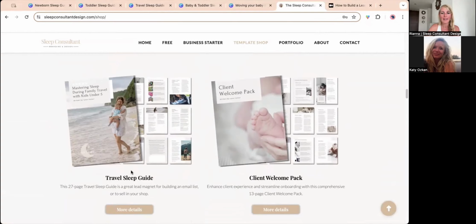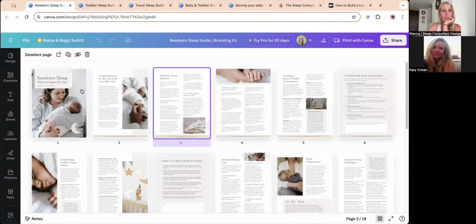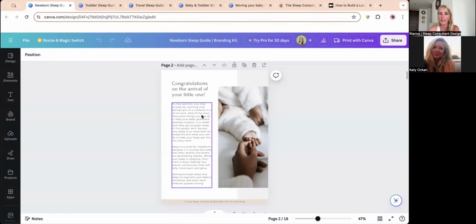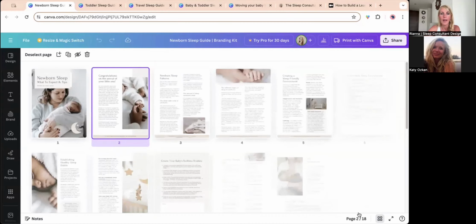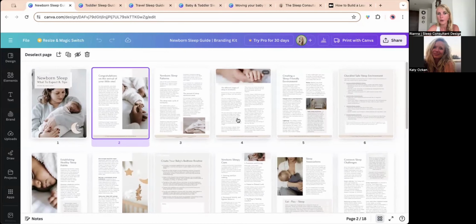So if we look on the inside of the newborn sleep guide, for example, and this counts for all the guides, you want to have a very clear title on the front. You want to have a short introduction, and it can be very short. Again, make it not too much about you because it's about them. You want to help them. And then you give value, and try to make it as concise and as easy to read as possible.